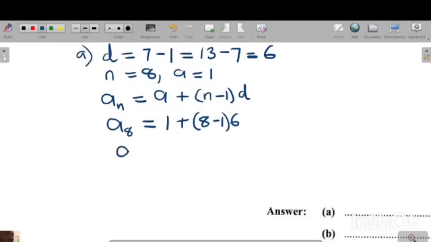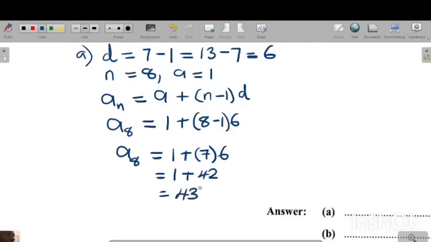So we have 1 plus 7 times 6. 7 times 6 is 42. Then 1 plus 42 is 43. All right, so here the answer is 43.